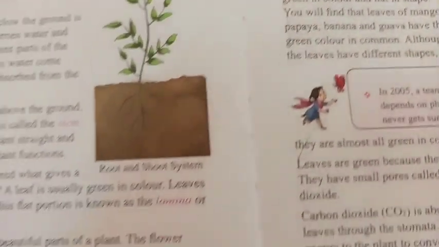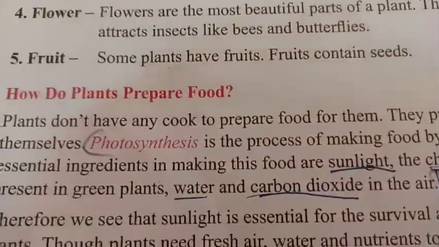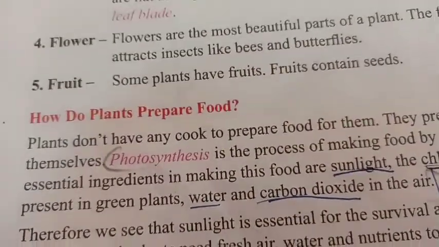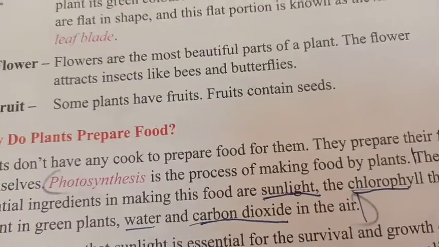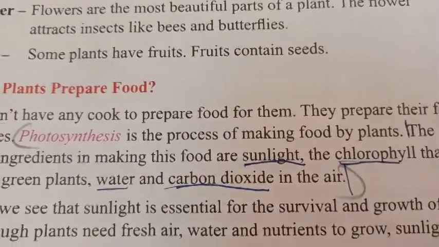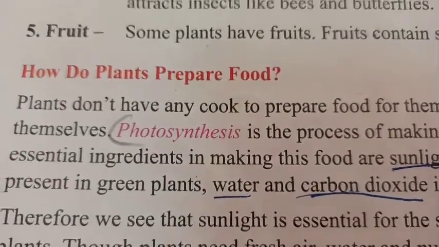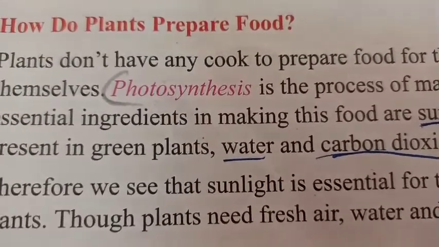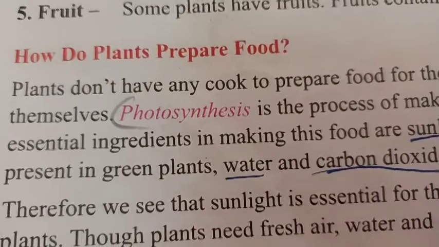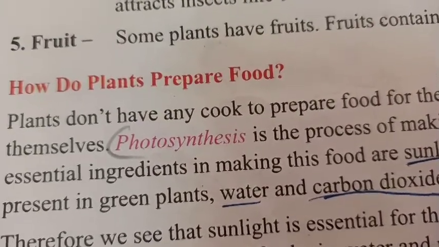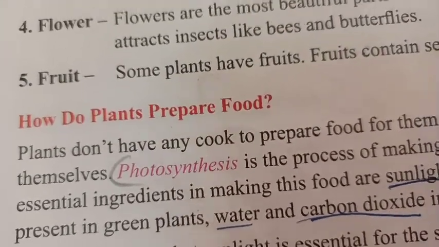Okay, so children, what they explained in this paragraph, let's see through the diagram, and I'll explain to you through the diagram how leaves can prepare their food for themselves. Okay, so let's see the diagram, and with the help of the diagram you can understand better.